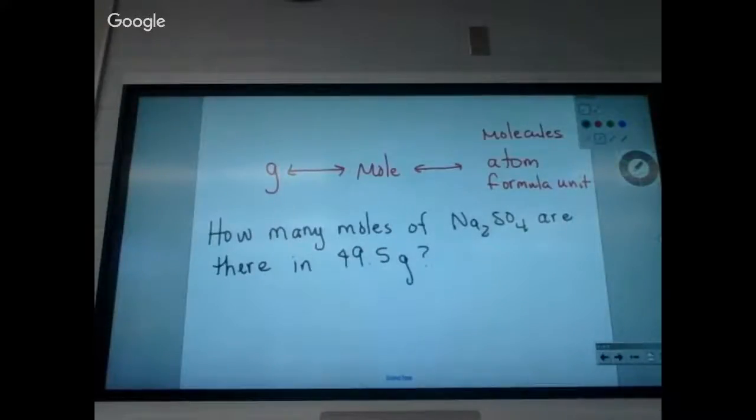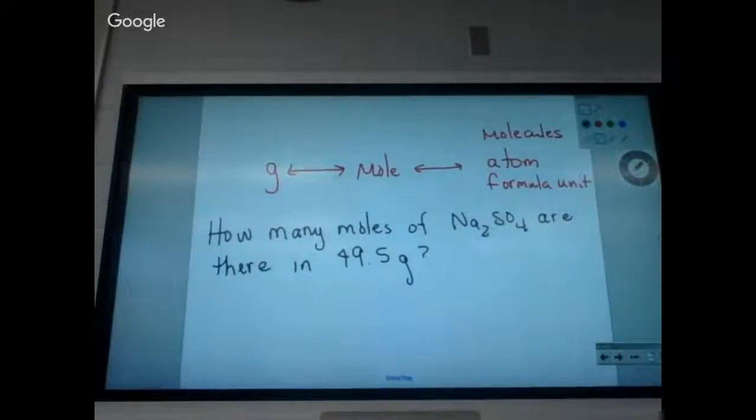That is the only difference. Last week we had an element. This week we have a compound. Because now we know how to write compounds.